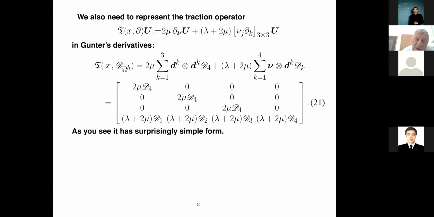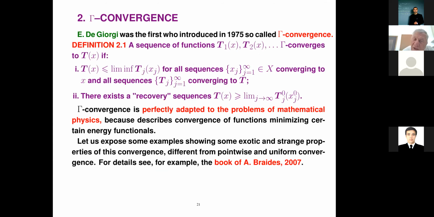The traction operator written in terms of Günther's derivatives has such a simple form, a lot of zeros there. The Lamé operator can also be written in terms of Günther's derivatives. Okay, now about gamma convergence.